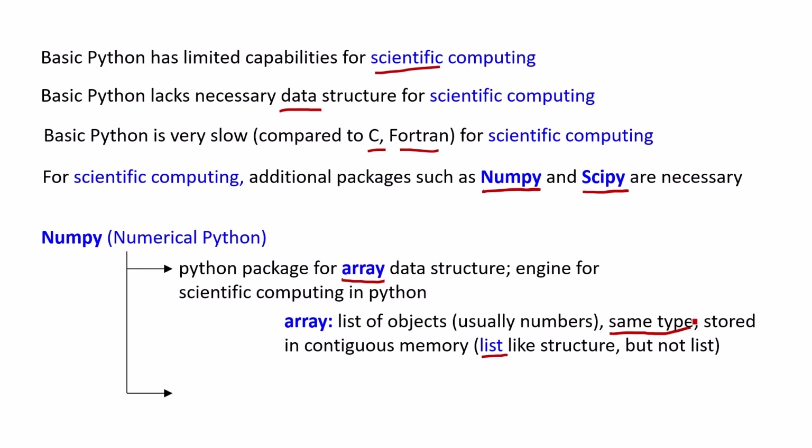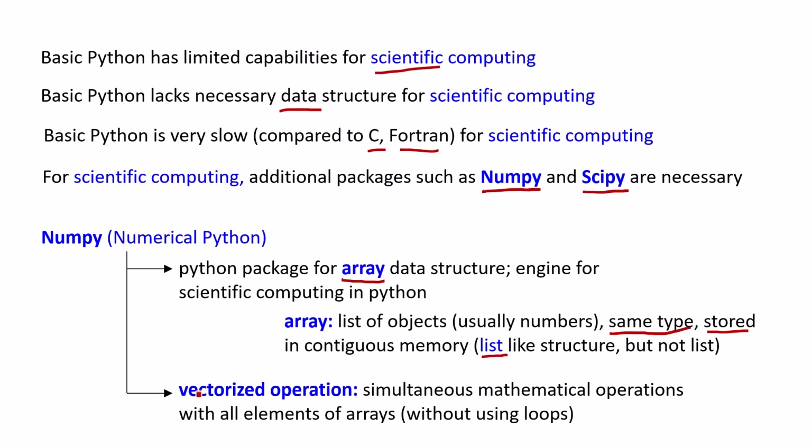In an array, if one object is integer, then all the remaining objects will also be integer. If one object is float, then all the remaining objects will also be float. The other point is slightly more esoteric at this point, but very important: they are stored in contiguous memory. So they are stored in a chunk, to understand physically, and it helps us a lot in speeding up numerical computing.